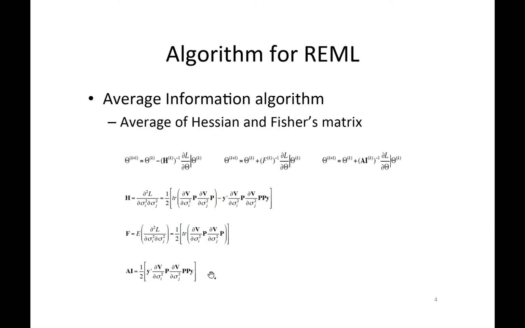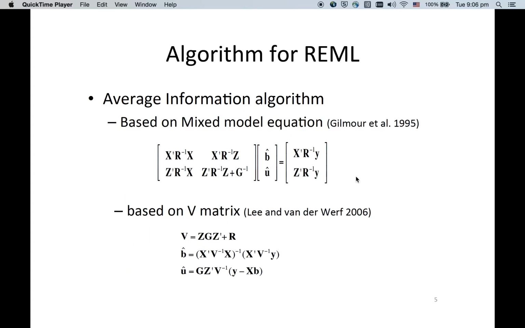The previous study shows this average information algorithm is computationally much faster compared to the H approach or F approach. Average information algorithm was originally based on the mixed model equation that was developed by Gilmour 1995.